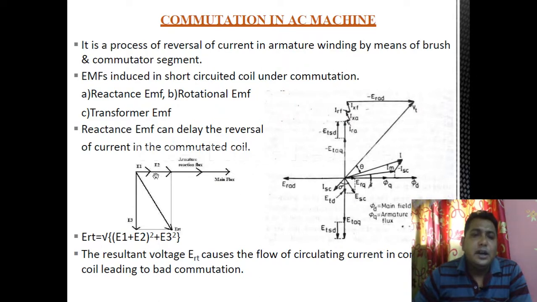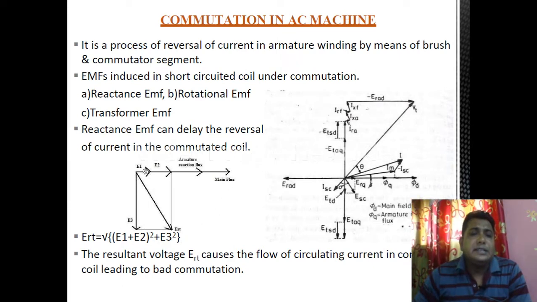This is the main flux, and that is the armature reaction flux, in this axis the main flux and in this axis the armature reaction flux. At the same time we have E1 and E2 also in this axis, and E3 is 90 degrees shifted from that one.